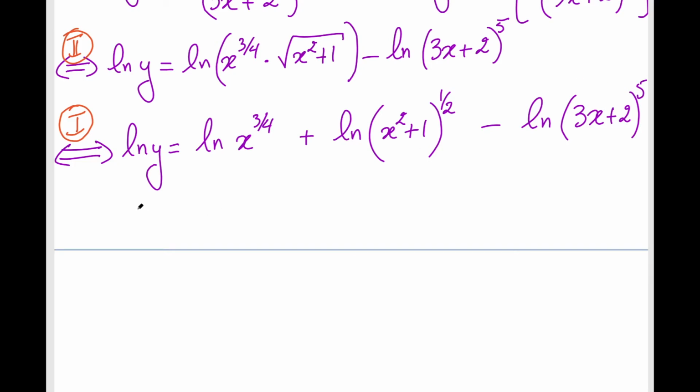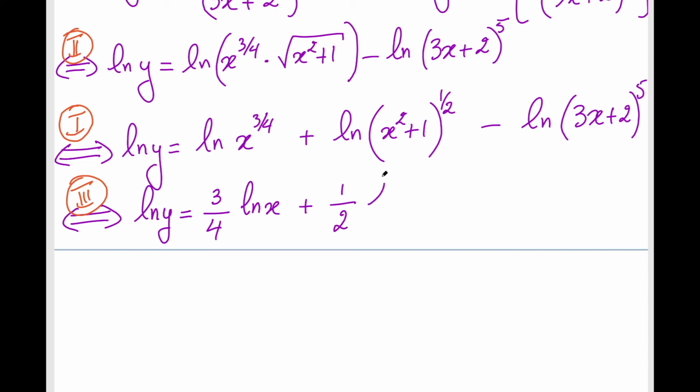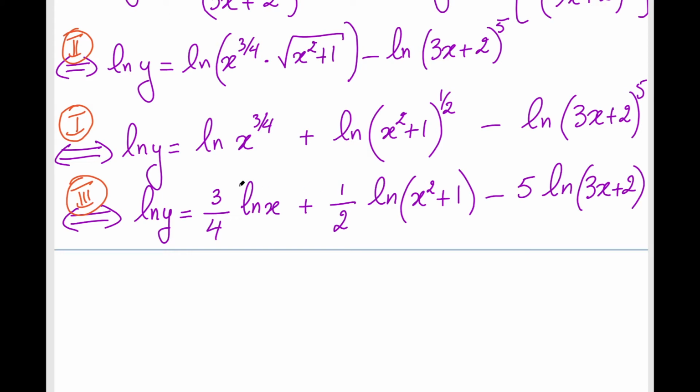So by property 3 now, ln of y is equal to 3 over 4 ln of x plus 1/2 ln of x squared plus 1 minus 5 times ln of 3x plus 2. Okay?